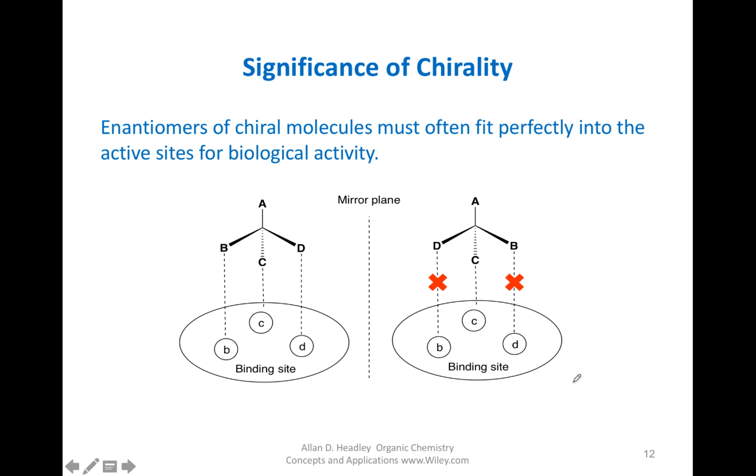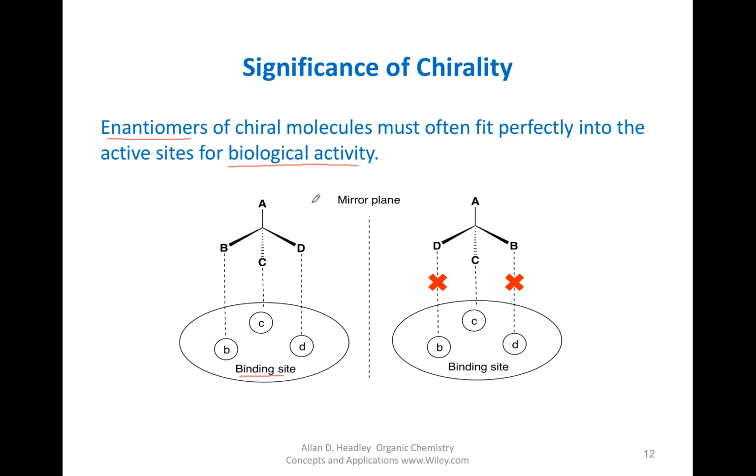Let's see here. So here's what I was saying earlier. This is the real biological importance of chiral molecules or enantiomers, and that is, as you know, to bind in the biological system, it has to have perfect binding for biological activity. One molecule here, that is the enantiomer, has perfect binding, and its enantiomer will not have perfect binding.